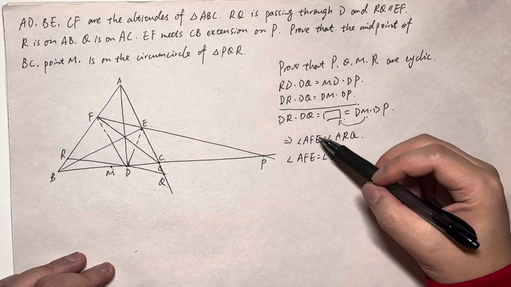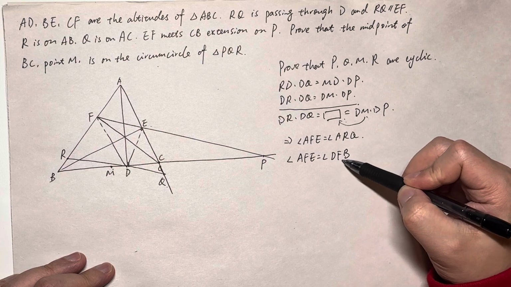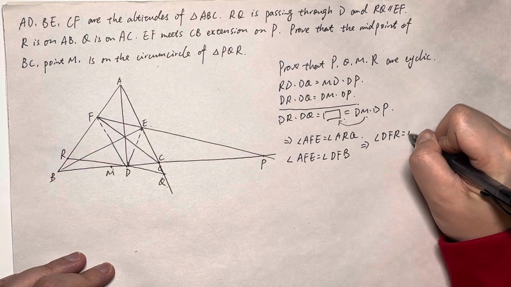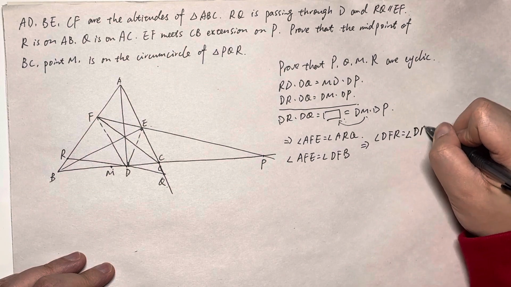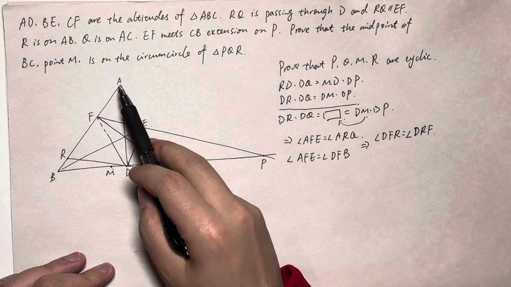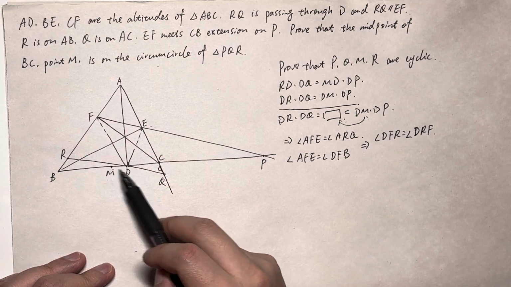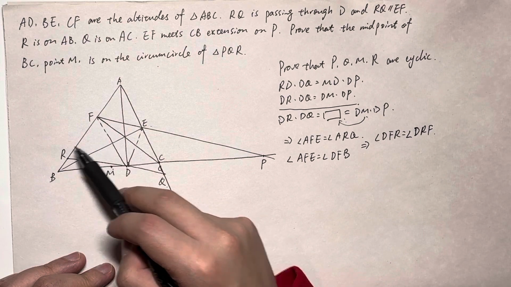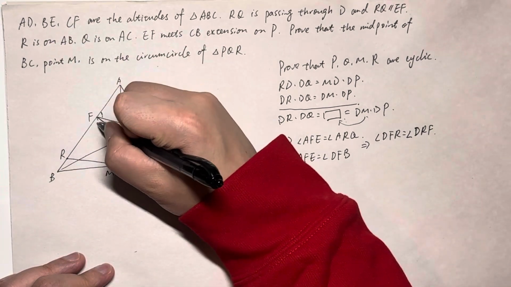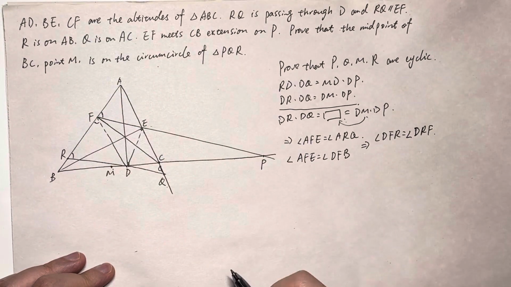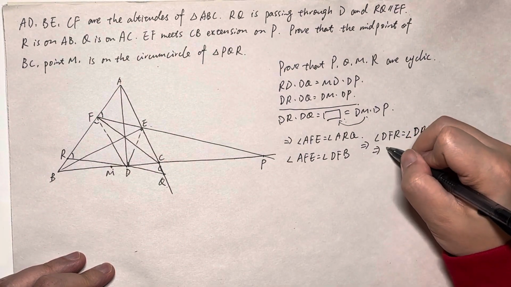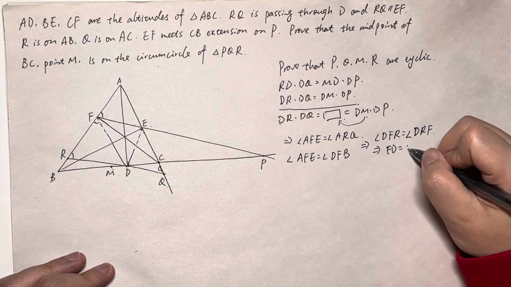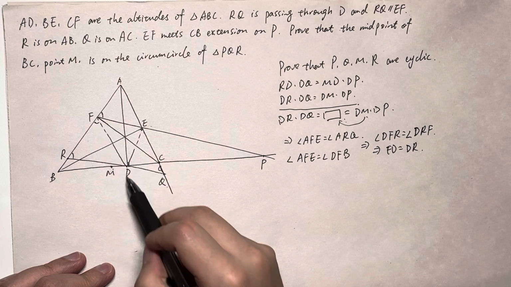And we already know that angle ARQ equals angle DFB, which means angle DFR equals angle DRF, because angle ARD is angle DRF, and angle DFB is angle DFR. So these two are equal, which means DF equals DR.